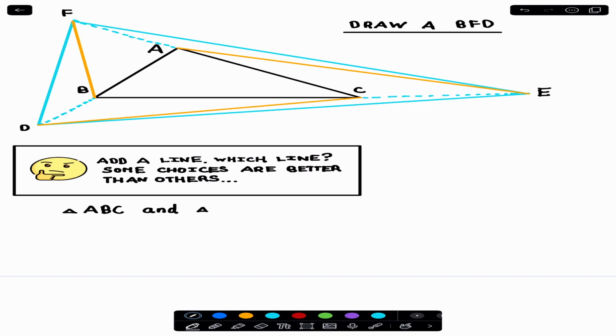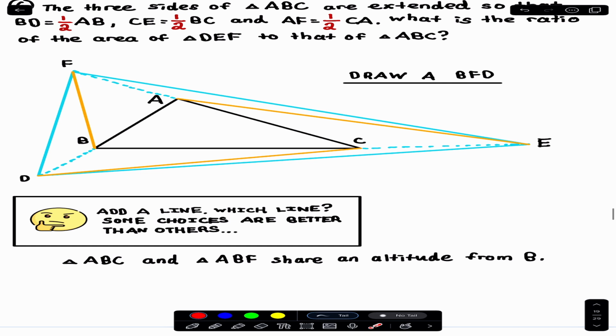We have 2 triangles, triangle ABC and triangle ABF, because they both share an altitude from point B. As always, I encourage you, if you can't see it, just draw it out. So I'm talking about these 2.